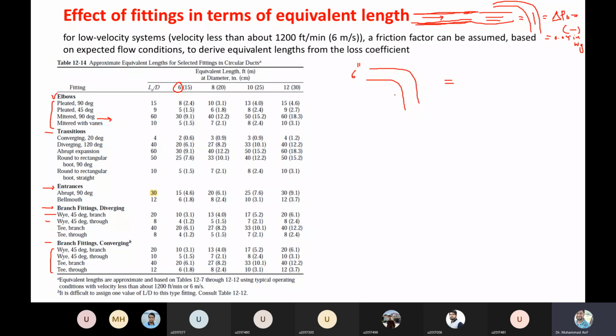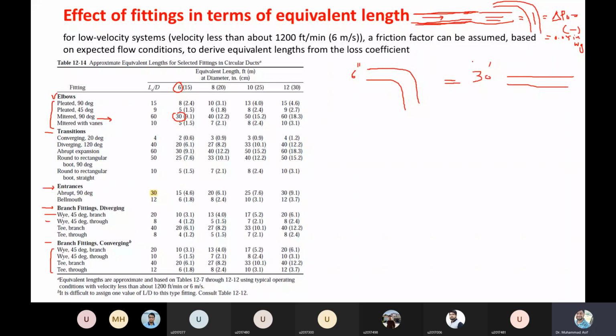The equivalent length is in feet, so 30 feet. If there is an elbow of 90-degree and 6 inch diameter, that will be equivalent to 30 feet of straight duct. So 30 feet is a huge length compared to this small 90-degree elbow. I hope you understand that.